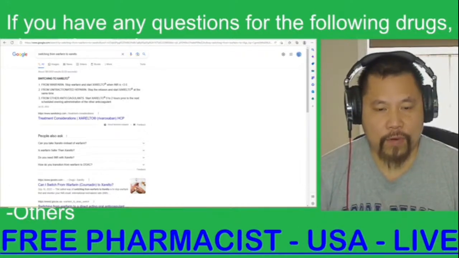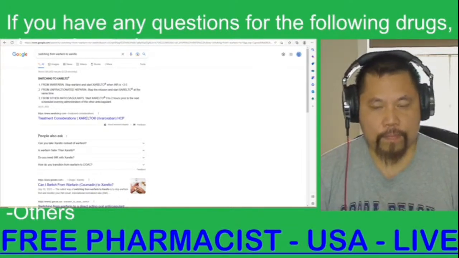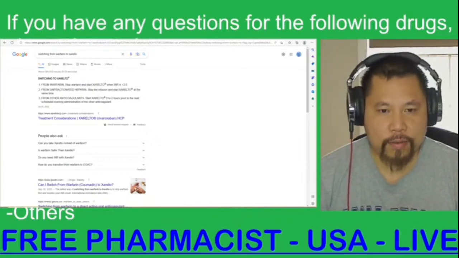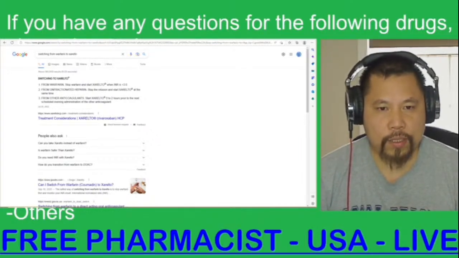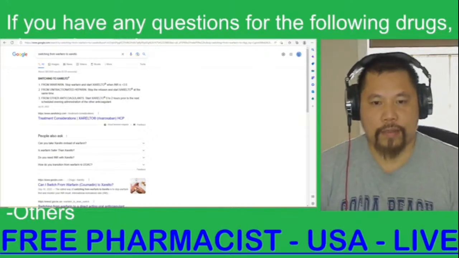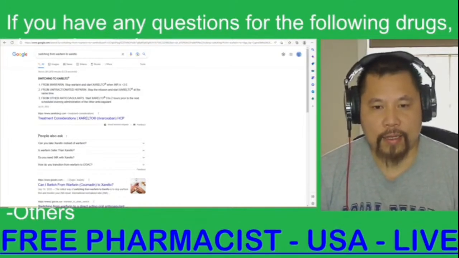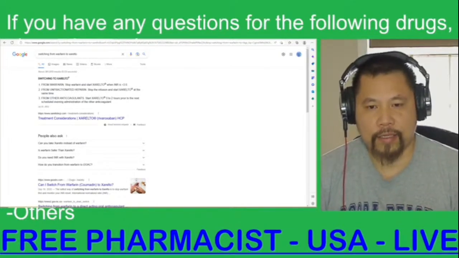And for the first few, there is some information that tells you how to switch to Xarelto from warfarin. So right here they say, from warfarin, stop warfarin and start Xarelto when INR is less than 3.